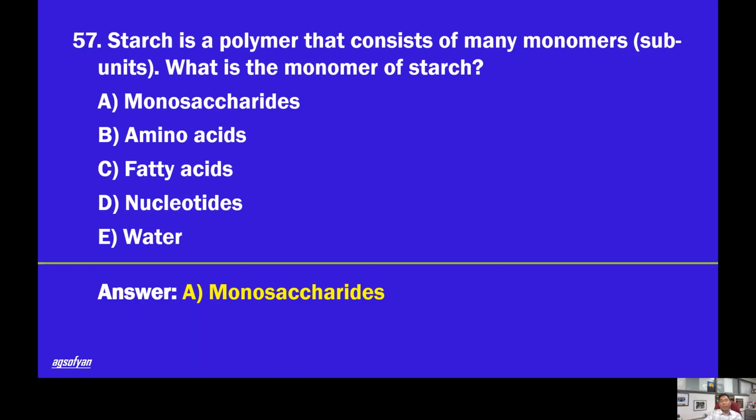So starch is actually a polysaccharide, consisting of many monosaccharides. Saccharide means sugar, so polysaccharides are many sugars. Monosaccharide is only one sugar. So one sugar plus another sugar, another monosaccharide, they all will make a polysaccharide like starch.